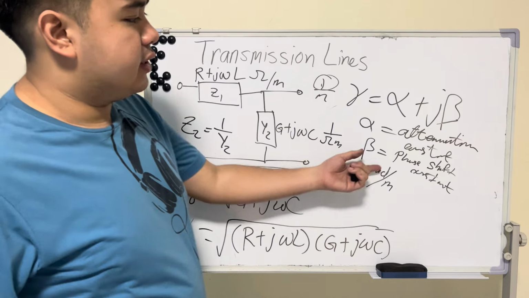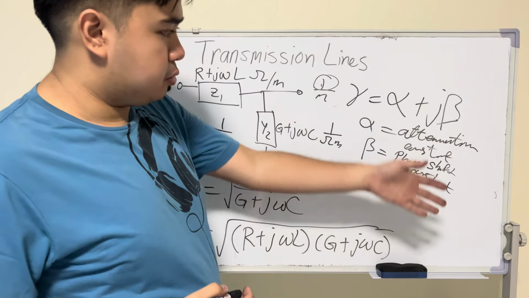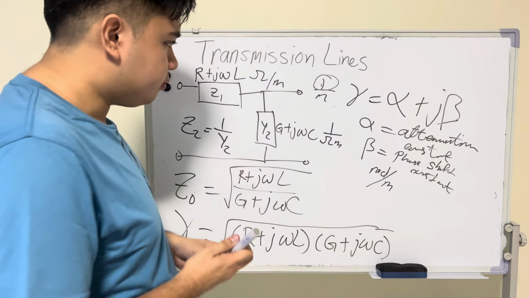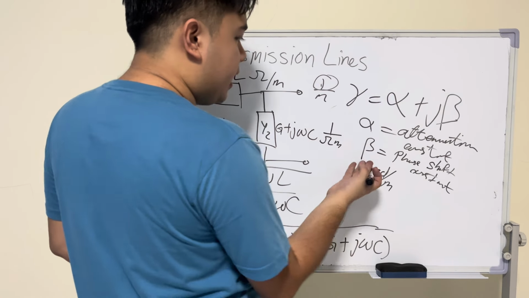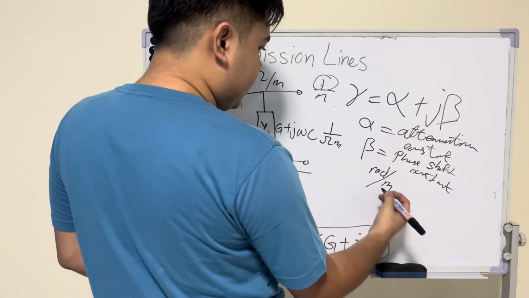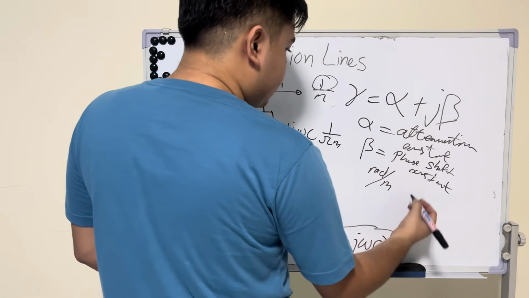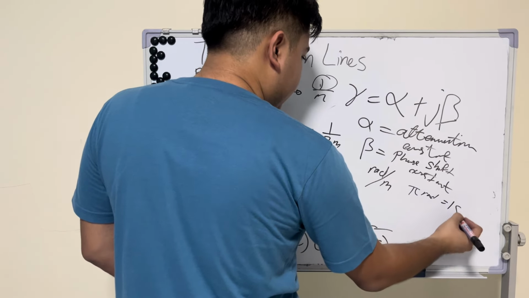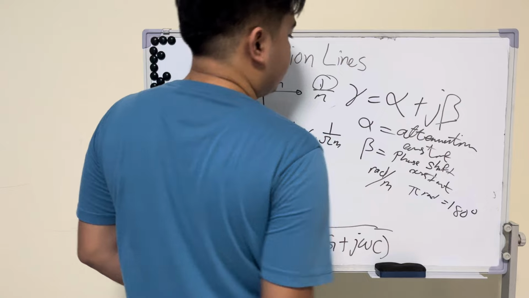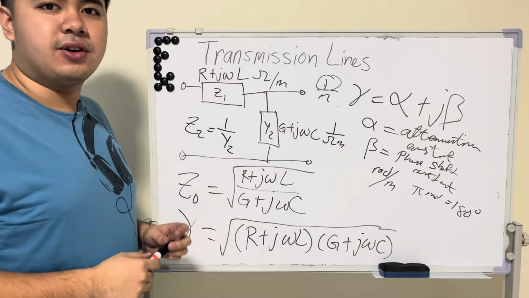It basically tells us how many radians per meter it is moving. If you want degrees, just know that pi radians is 180 degrees. There we go. That is the secondary parameters for a transmission line.